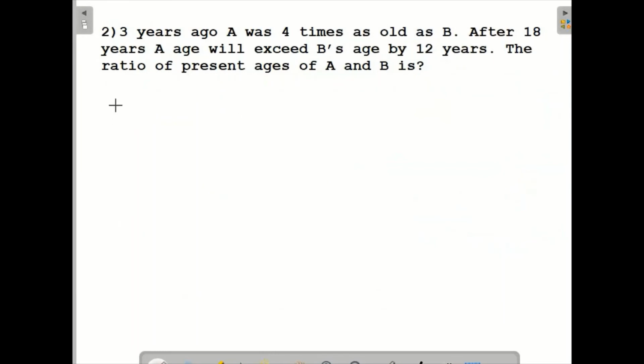So our next problem. 3 years ago A was 4 times as old as B, and after 18 years A's age will exceed B's age by 12 years. So we have to find the present age of A and B. Listen to the question.